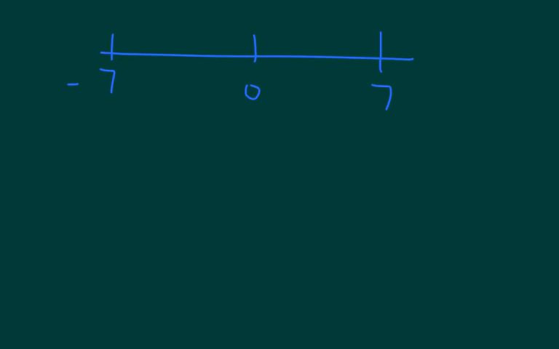Another model that's helpful is temperature. If this was a thermometer, it's sort of a vertical number line. And if we're in centigrade, it's nice to use that. 0 degrees centigrade is freezing, and 7 below is really cold, and 7 above is also really cold, but not as cold as 7 below. 7 below is a lower temperature.